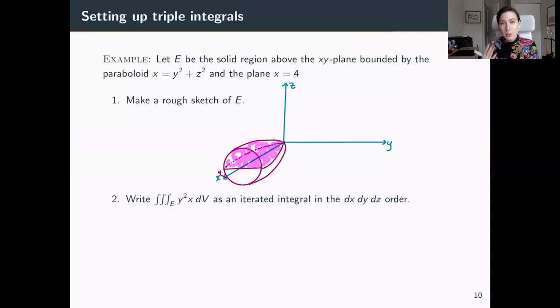Now we're wanting to set up this integral in the dx, dy, dz order. There are lots of different orders you can do, but we're going to focus on this order first. When we're doing this order, it means that we're going to enter and exit through lines that are parallel to the x-axis.